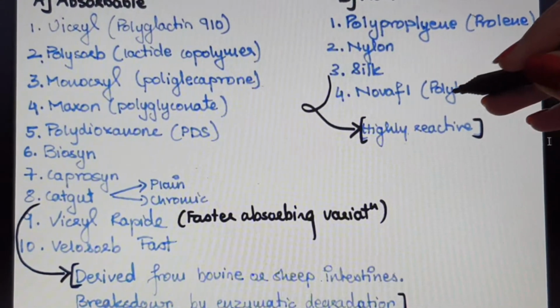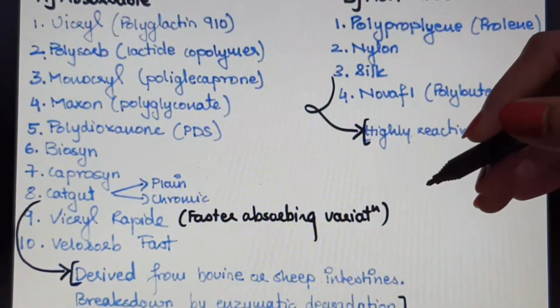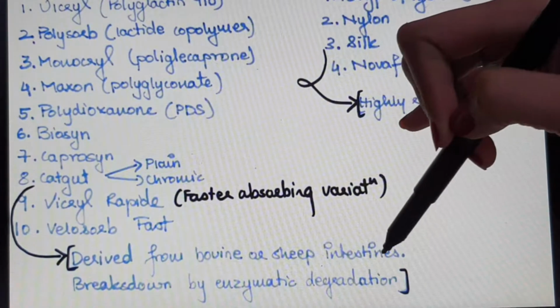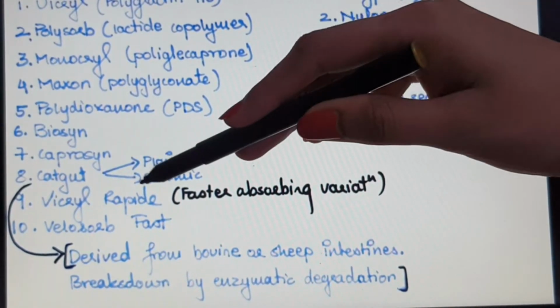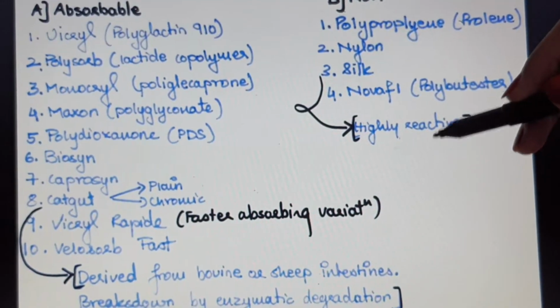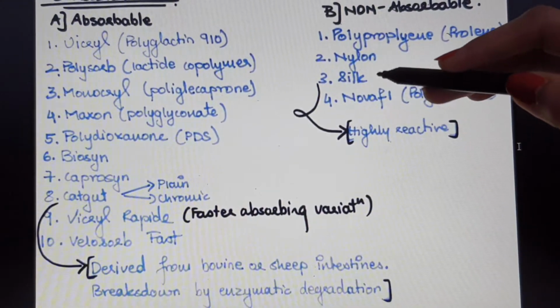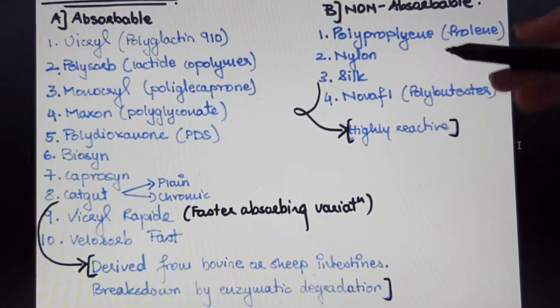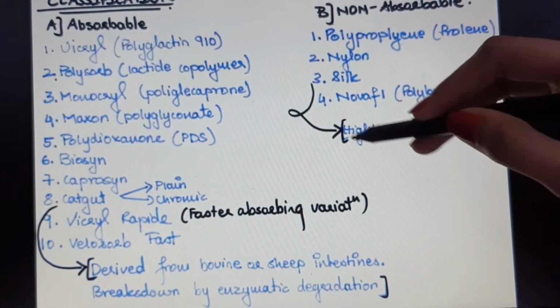Then even an antibacterial coating variation is also available in the market now. Then we have the catgut. Now this catgut is derived from bovine or sheep intestines and therefore breaks down by enzymatic degradation rather than hydrolysis. And in non-absorbable suture materials, nylon is the most frequently used. Silk is the most highly reactive of all the non-absorbable sutures.